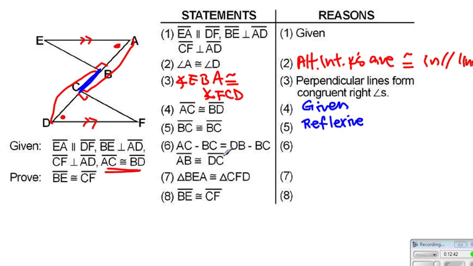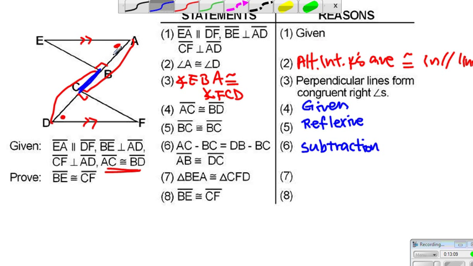Now, right after that, number 6, as you can see, we are looking at the subtraction postulate right over here. Then you will realize that those two triangles must be congruent by, that portion is equal to this portion.